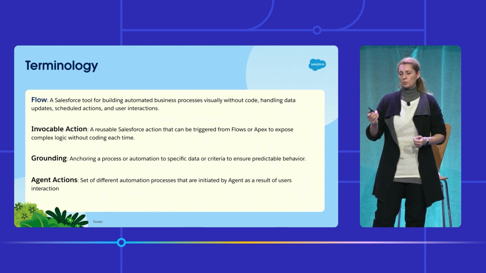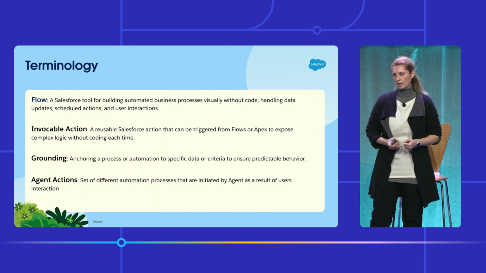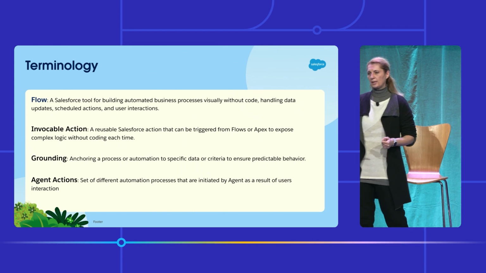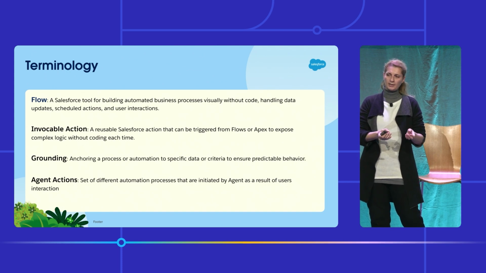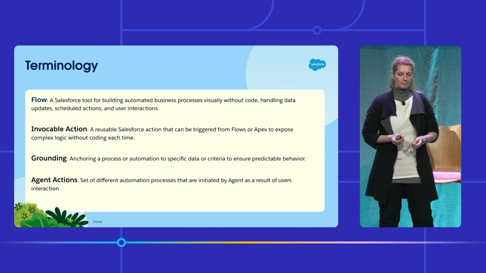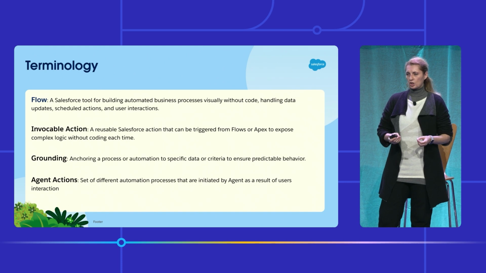An invocable action is a reusable Salesforce action that can be used in Flow or Apex and that can handle more complex business processes. You will see me talking about grounding. Grounding is anchoring the automation process into your real-life data or a specific criteria so you can ensure the outcome. And then you will see some of the agent actions I'm going to show you. An agent action is the automation process that is being executed by the agent as a result of a specific prompt or a user action.